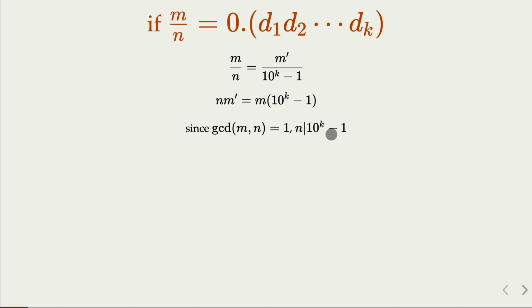Since the number is a bunch of 9s, n cannot contain 2 or 5, because a number made of all 9s is not divisible by 2, and neither by 5. That means n should not contain any prime factor 2 or 5, that is, the GCD of n and 10 is equal to 1. So we have proven this in both directions.